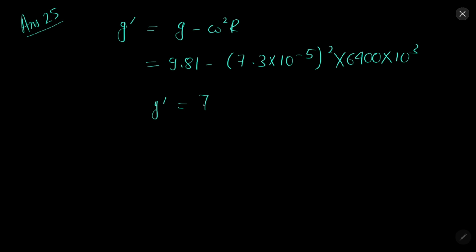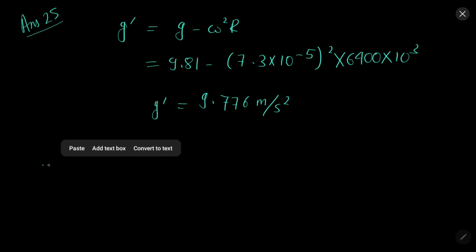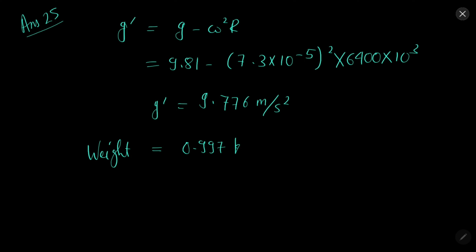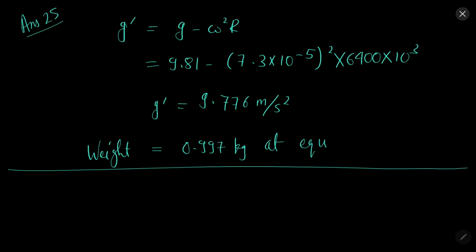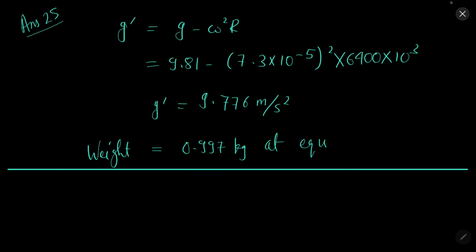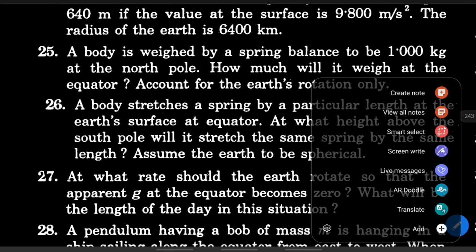So g dash will come out to be 9.776 meter per second square. So the weight of the body will be 0.997 kg at equator. If it is 1 kg at pole, it will be 0.997 kg at equator.